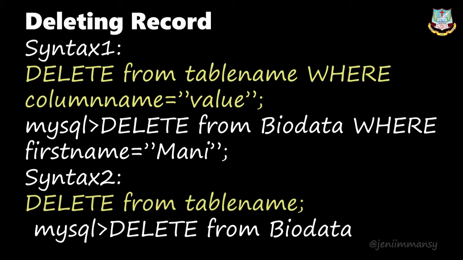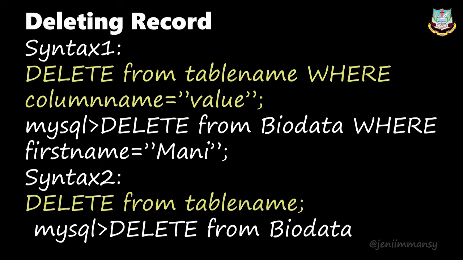This is the format to delete a single record. The next one is deleting from the table name. Delete from table name means the whole thing inside the table will be deleted. Delete from biodata means all the data inside the table will be deleted.